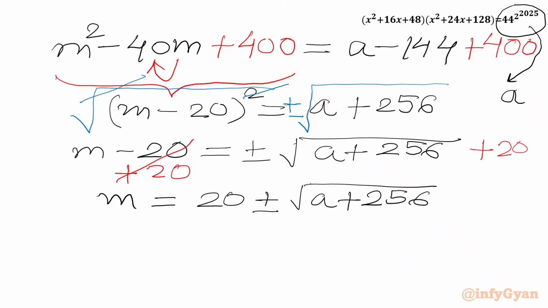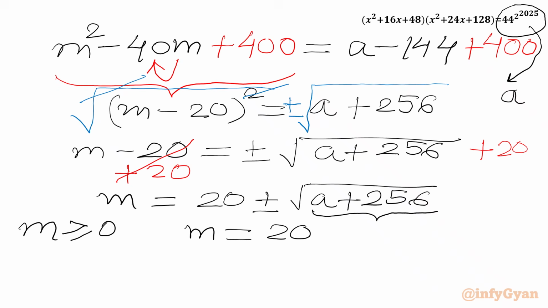If we calculate the value of a plus 256, it is certainly greater than 400. Once it is greater than 400, this square root term would be greater than 20. That means 20 minus the square root of a plus 256 would be negative. As per our condition on m, we will accept only the plus sign: 20 plus the square root of a plus 256.